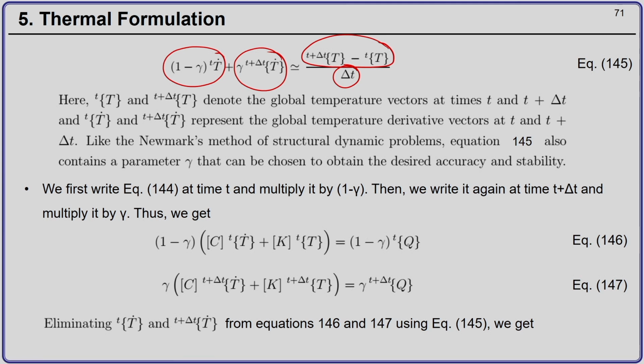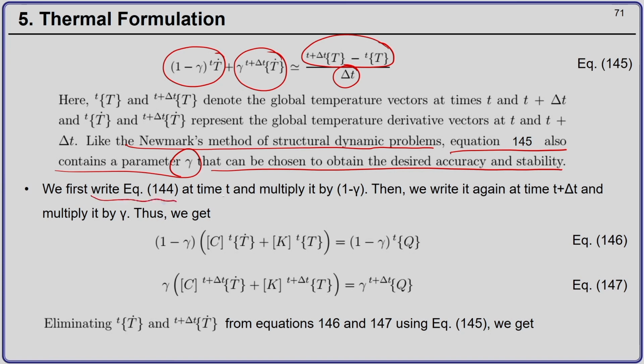Like Newmark's method for structural dynamics, equation 145 also contains a parameter gamma that can be chosen to obtain a desired accuracy and stability. At the end of this section, we will see the different values of gamma which are commonly chosen.